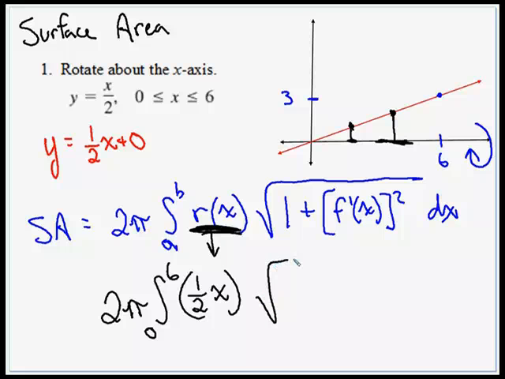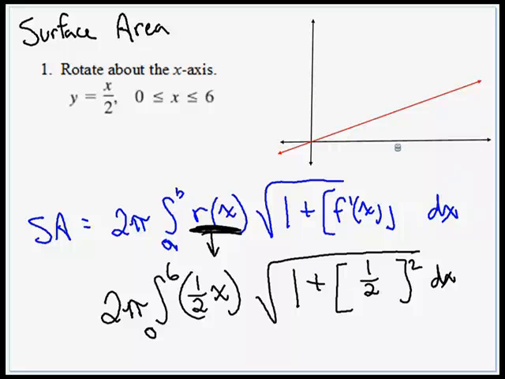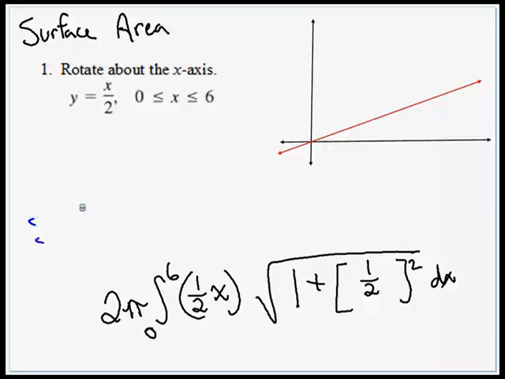Now, underneath the radical, we're going to have 1 plus the derivative quantity squared. Well, if this is our function y equals 1/2 x, y prime is just equal to 1/2. So here we're going to have 1/2 quantity squared. So let's get rid of some of this stuff now. I need a little more room here.